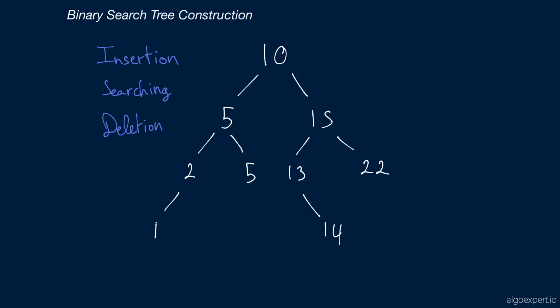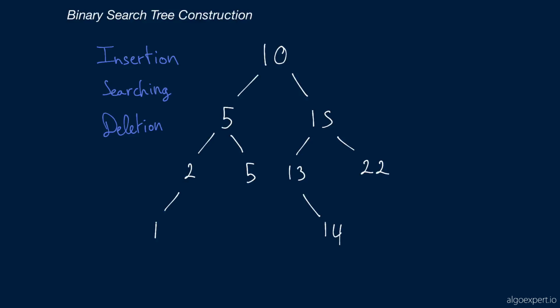But some people will say, oh no, a BST should not hold any duplicate values, and others will say you can put the duplicate values to the left of a node. But for the sake of this video, we'll go with the right side. So that is the definition of a BST.